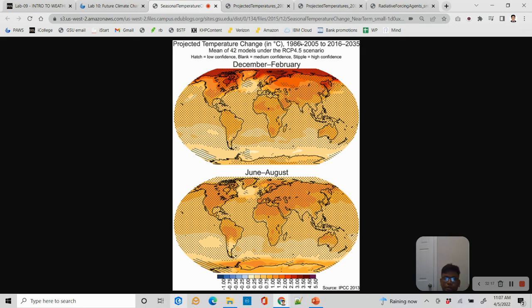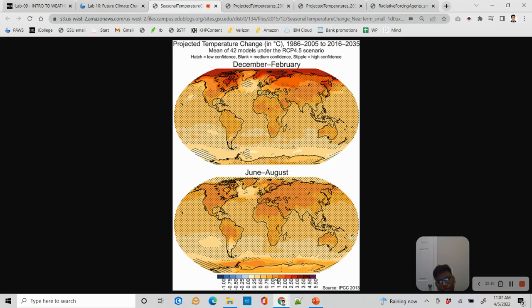If you compare this time frame to this time, you can see that the temperature is in the reddish, like deep red, in the Arctic zone. What does that mean? That means the temperature change will be really evident in the Arctic region, but in the other regions there will be some increase of temperature.